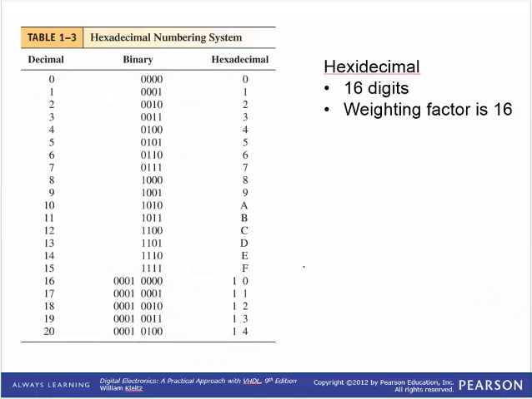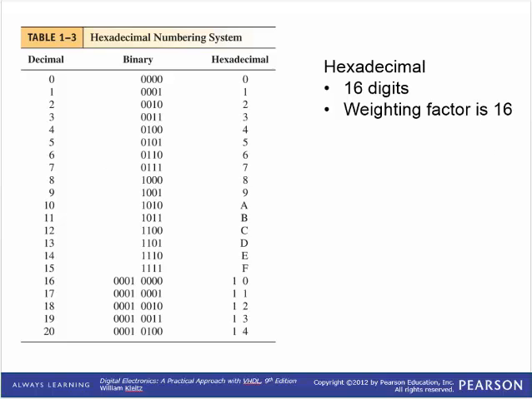Okay, so one more numbering system that we need to consider, and that's the hexadecimal. Hexadecimal is a base 16 numbering system, which means we need to have 16 unique characters. And our weighting factor is also a 16, so everything is going to be in powers of 16.